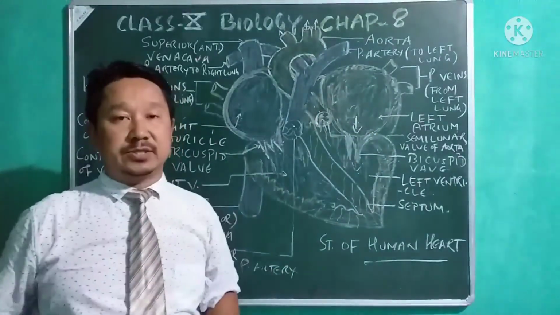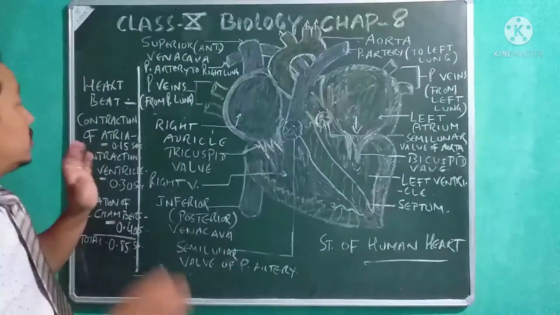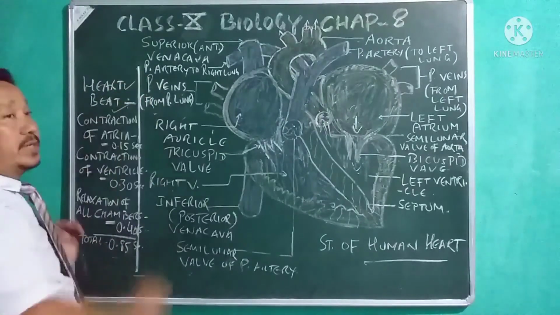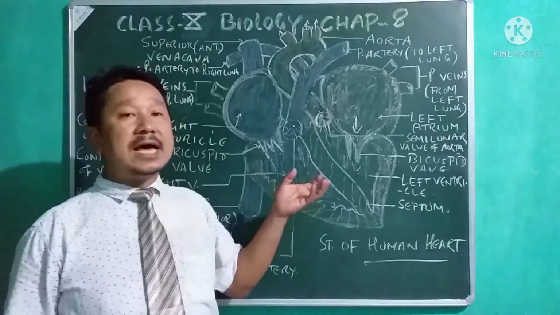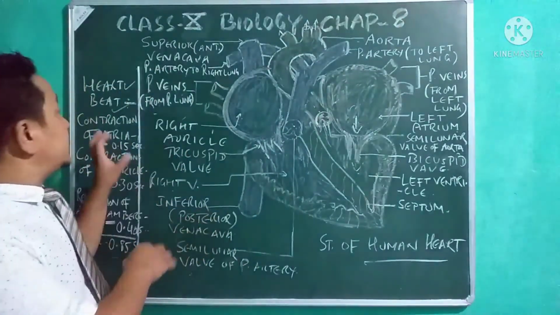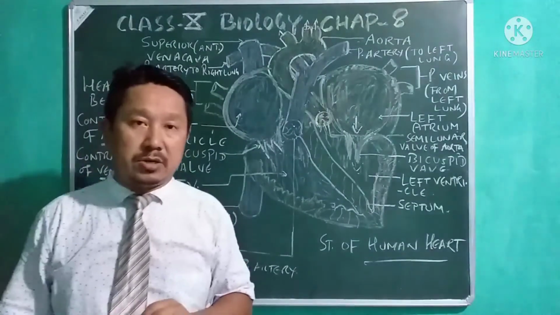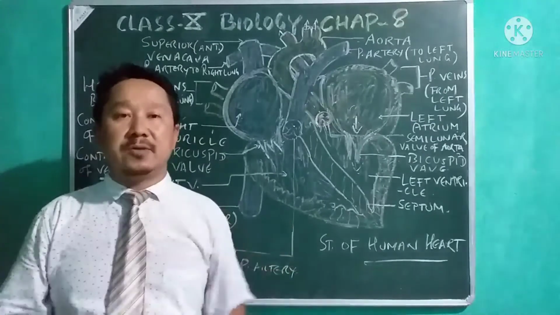In that course we find the term heartbeat. During the contraction and relaxation of the heart as a whole, a kind of sound or beating is heard, which is called heartbeat.